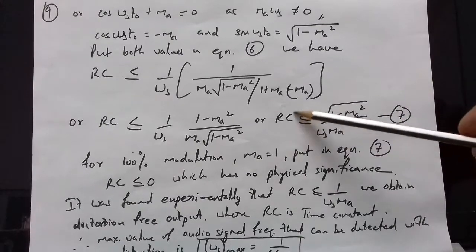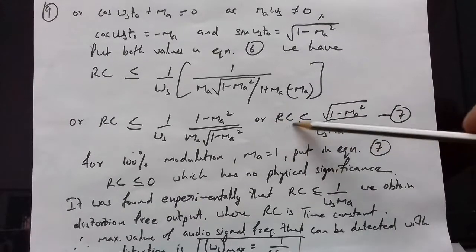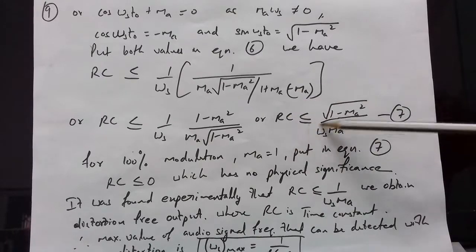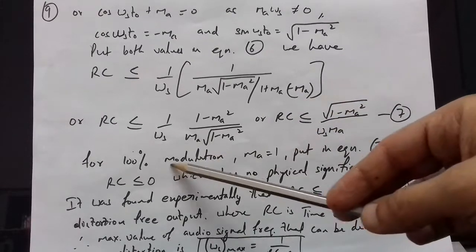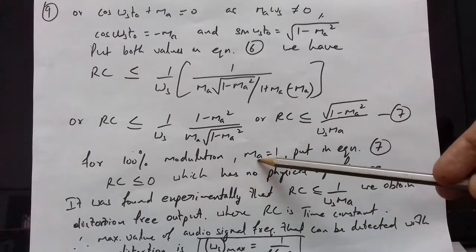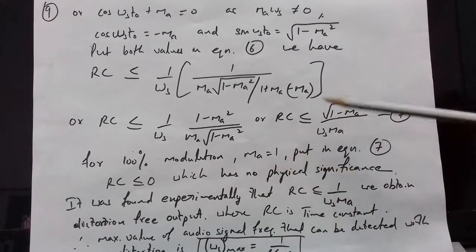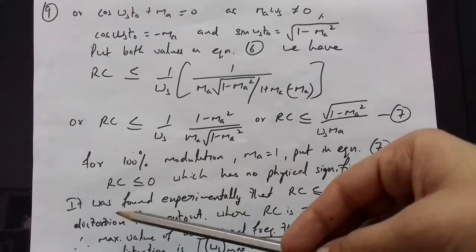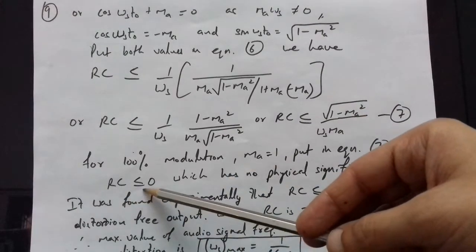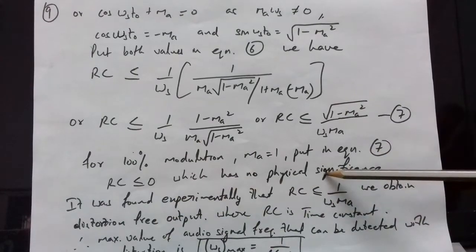So the value of the time constant should always be less than the value on the right hand side. For 100% modulation, you know the modulation index is 1. So we put this value in equation 7, and we get RC less than or equal to 0, which is not possible.